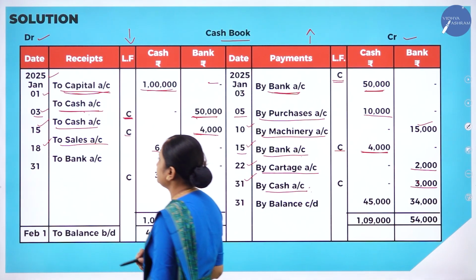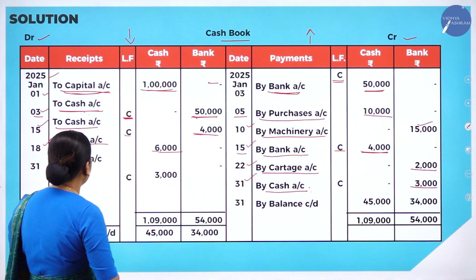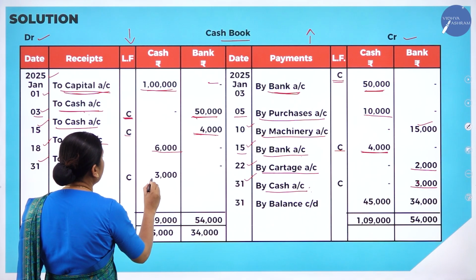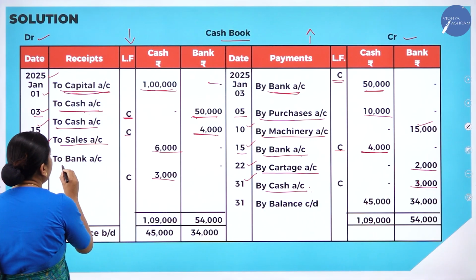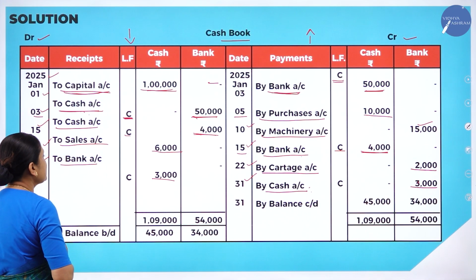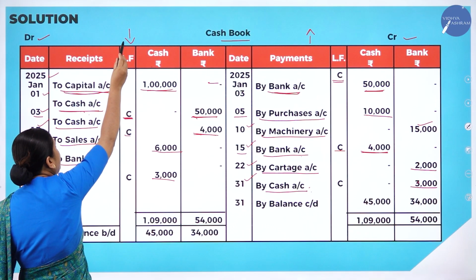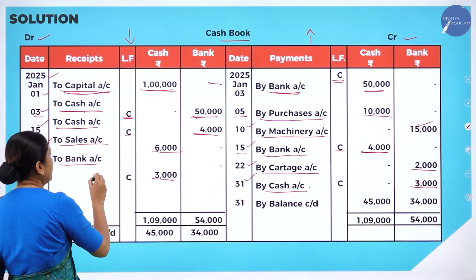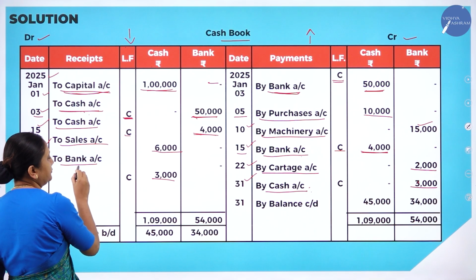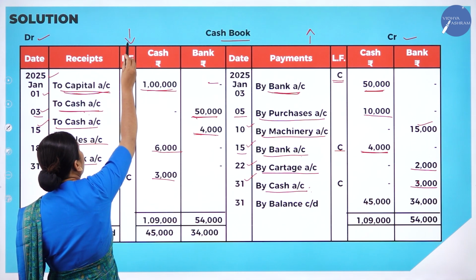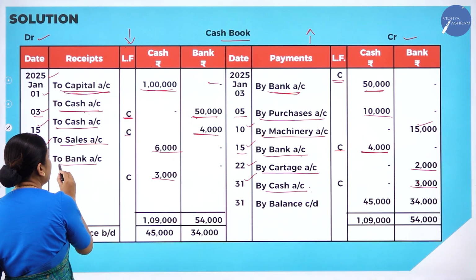You come here. Okay, 31, you write the date. See here, in the cash column you write 3000, and here you write to bank account. I will explain. 3000 cash is coming into the business from bank. Followed? From where is it coming?